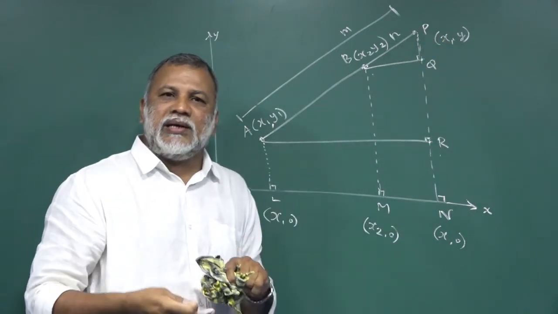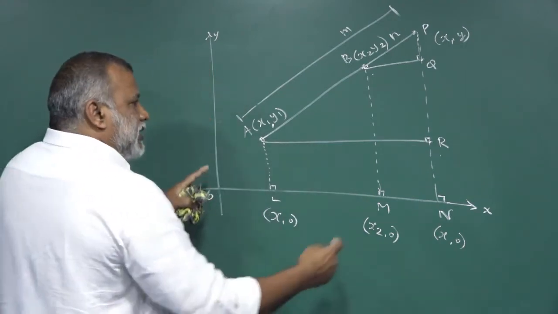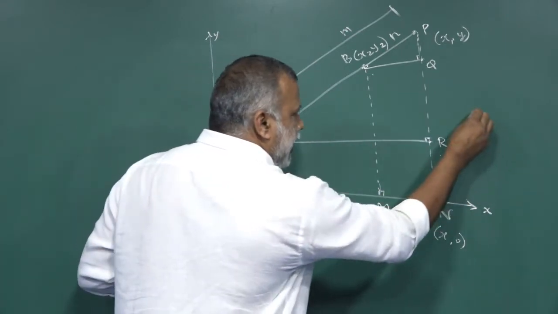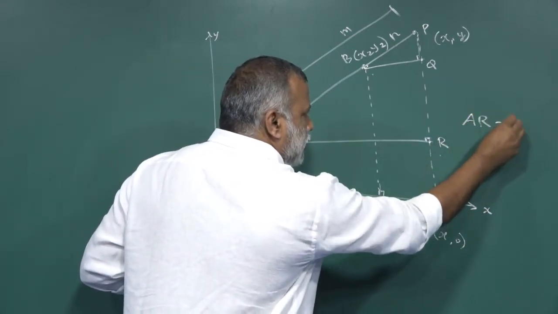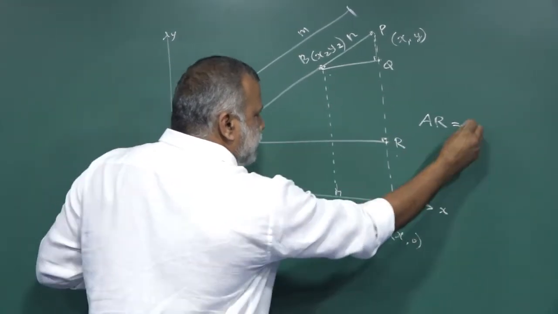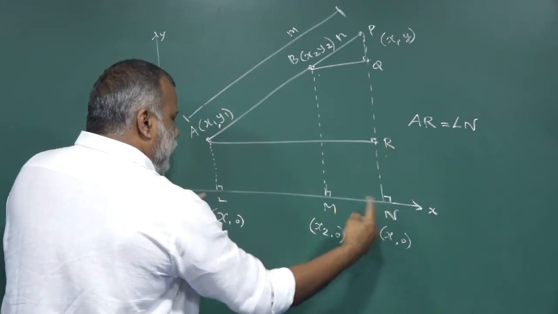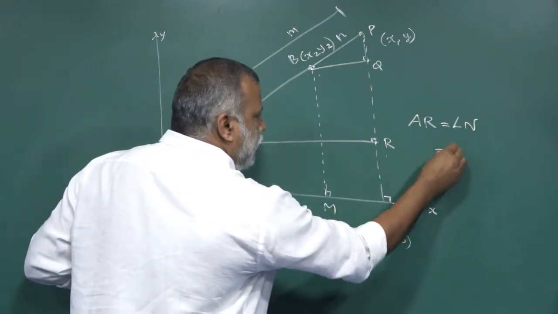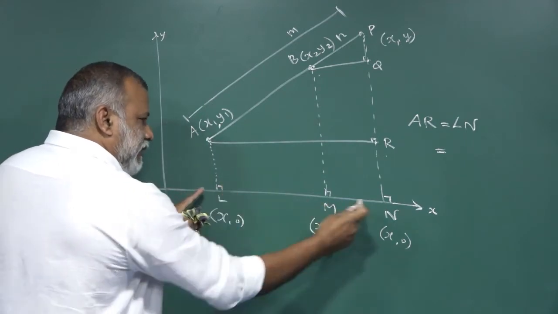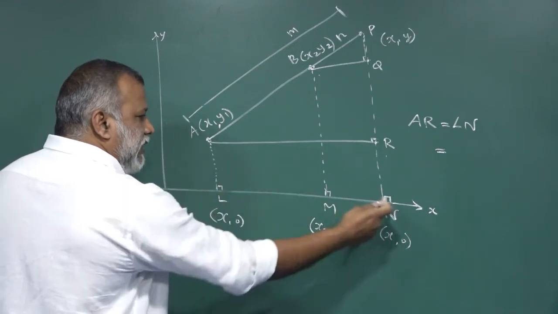These two triangles are said to be similar triangles. Now listen, what is the distance AR here? From this diagram, we need the distance AR. It is equal to LN. See this? AR is equal to LN. Now, how are we able to find the value of LN? We need to find the value of LN. That means from the origin to this point the value is x.